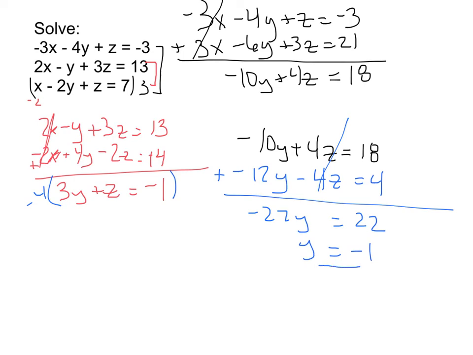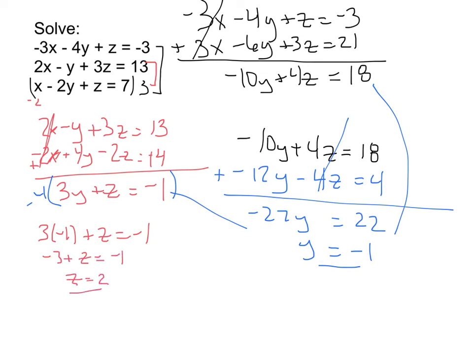Now I can go back to either of these two equations and make y negative 1. I'll use the red one because the numbers are a little bit easier to work with. So I get that z is positive 2. Now I can take the fact that z is 2, y is negative 1, and work with any of the original 3.